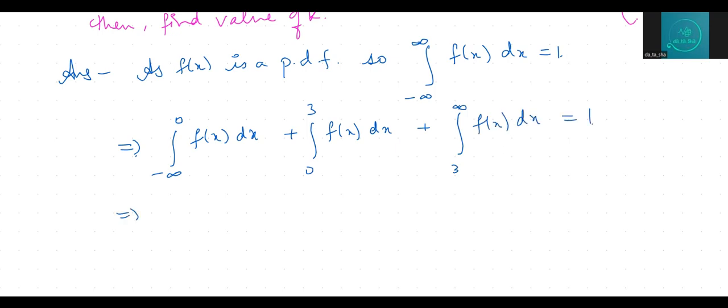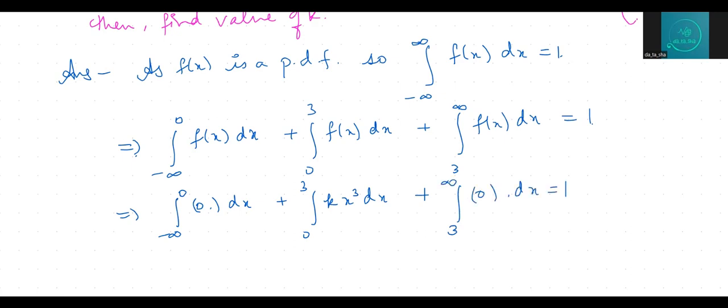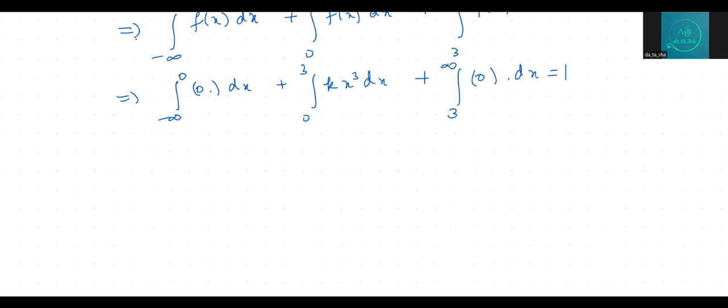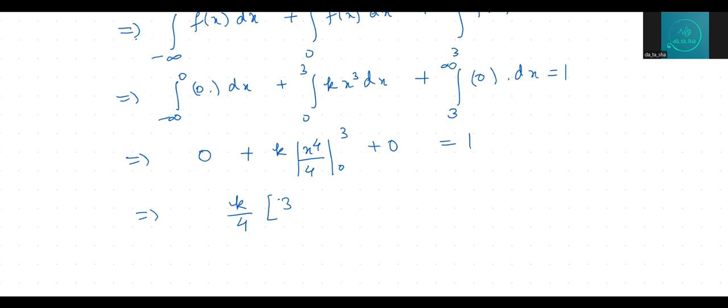Now just substituting the value of f(x), we get this equation. This is nothing but 0, plus k times the integral of x cube, which will give us k upon 4, 3 raised to power 4 minus 0.